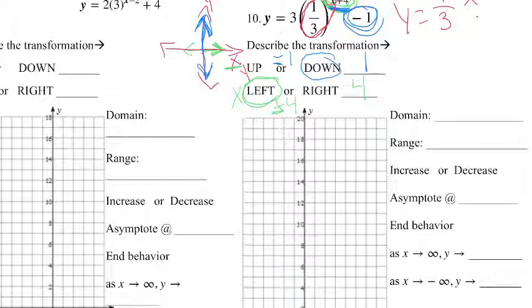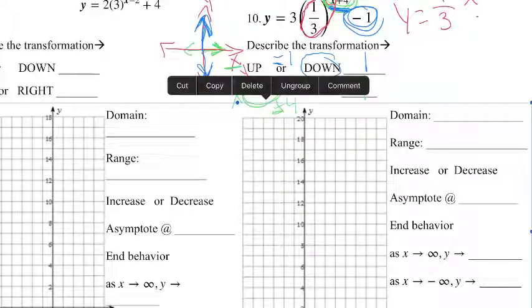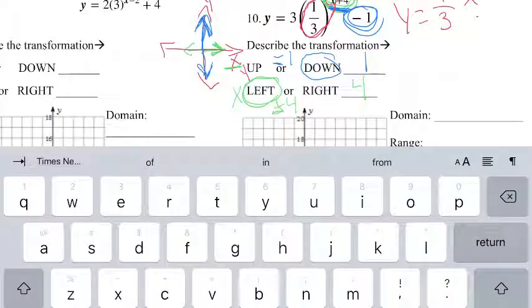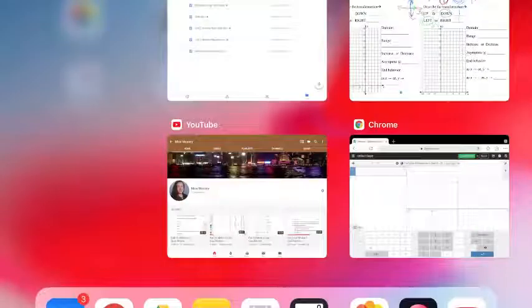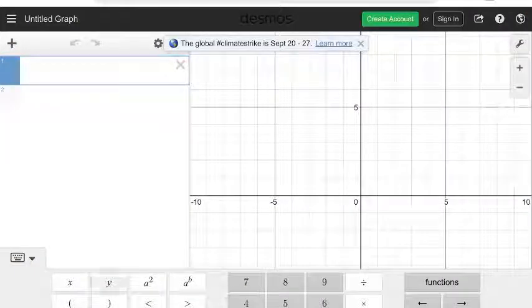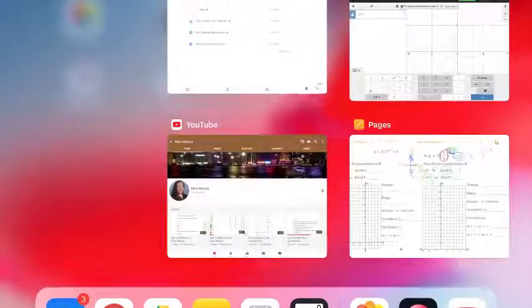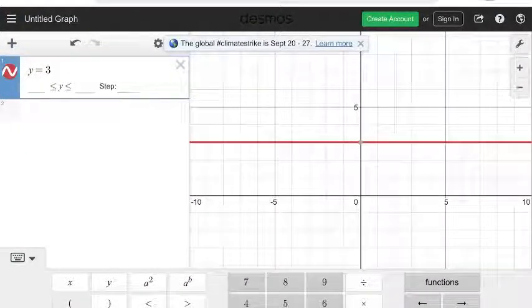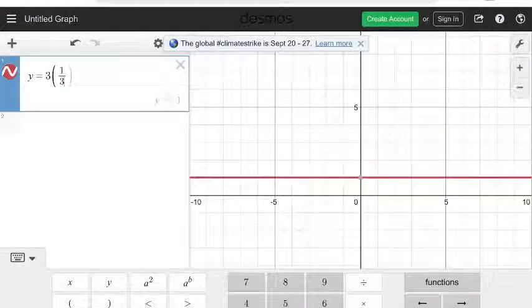So we're going to put in our equation that was given, which was y equals 3 times 1/3 raised to the x plus 4, minus 1. So in Desmos, I've got y equals 3, parentheses, 1 divided by 3 to get our fraction, and then raised.